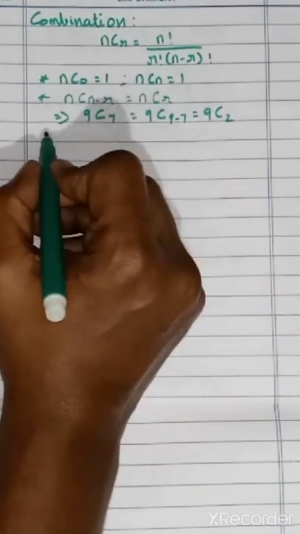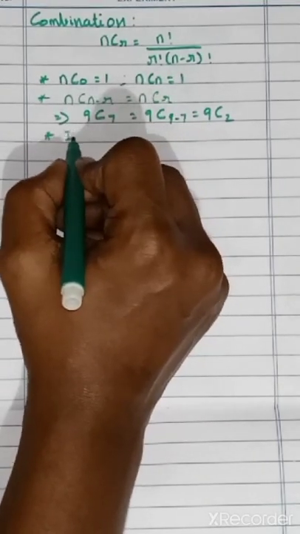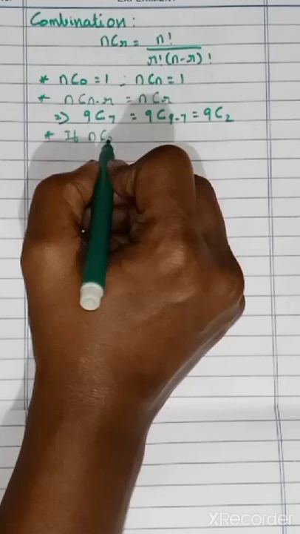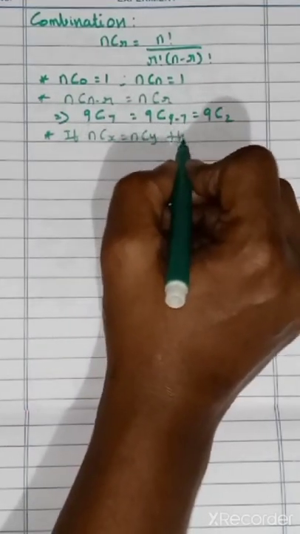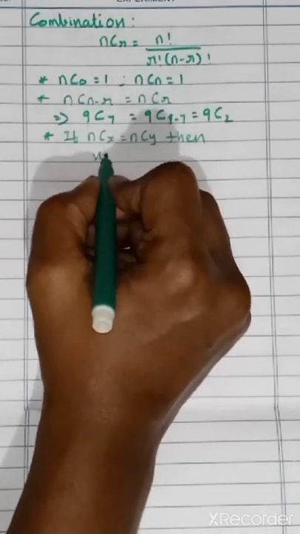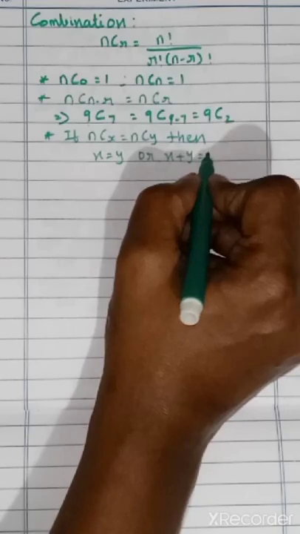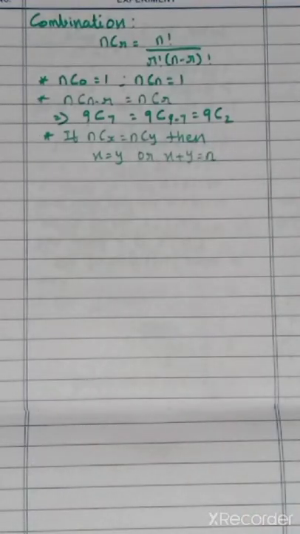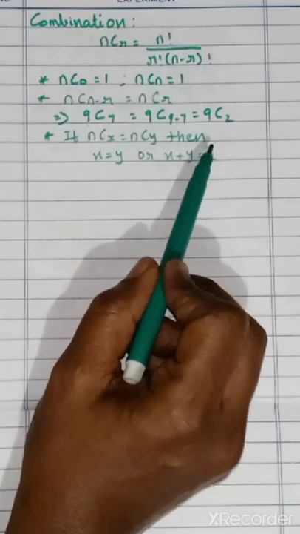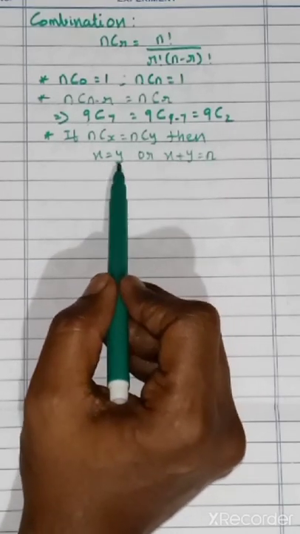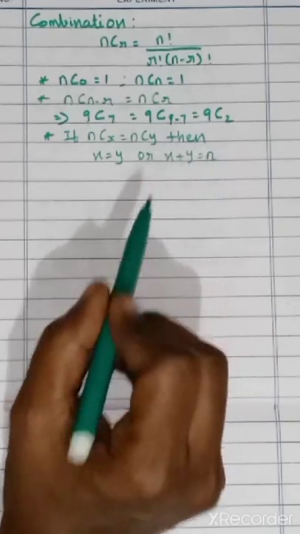Next property: if nCx equal to nCy, then x equal to y or x plus y equal to n. This is the property. If nCx equal to nCy, then we can write either x equal to y or x plus y equal to n.